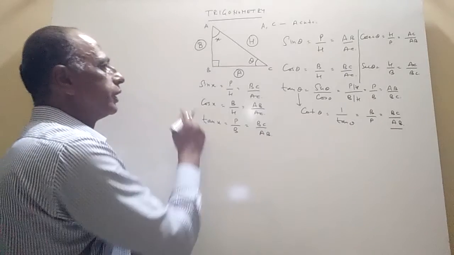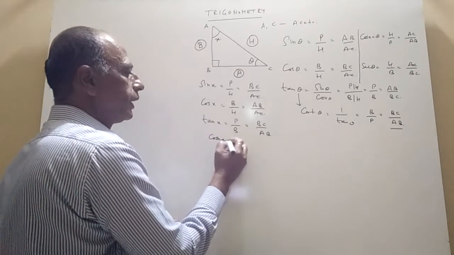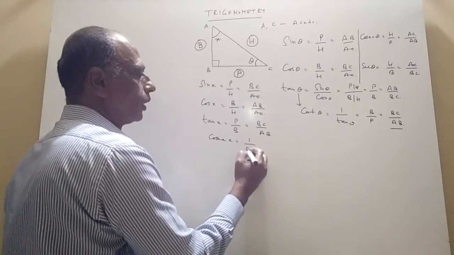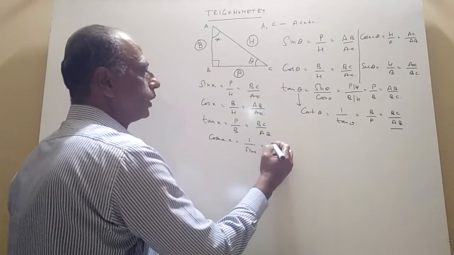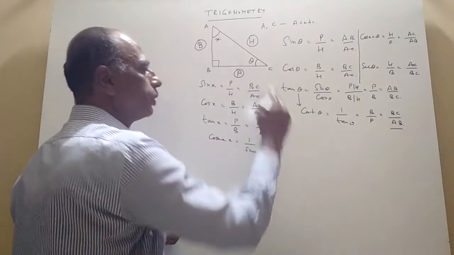And then we have reciprocal of sin X as cosecant X, 1 over sin X, which was H upon P, and which will become AC upon BC.